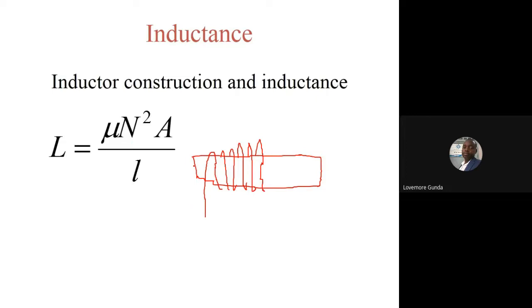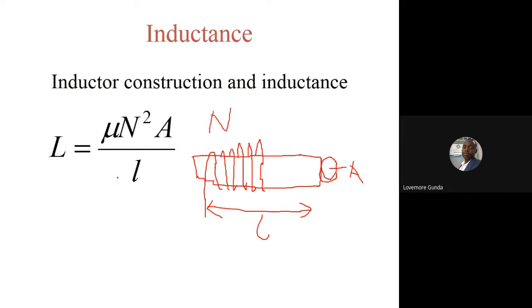Then it has a certain length, which is usually the length of the core. Then this will have a cross-sectional area, say A, and it has N number of turns.